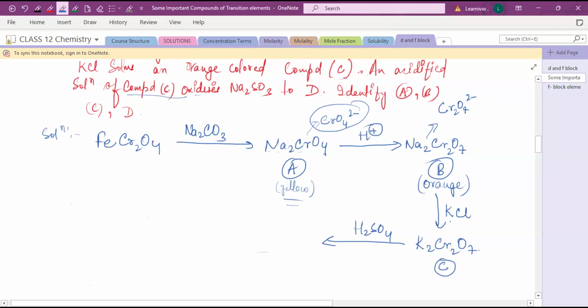It will oxidize this Na2SO3 to D. Who will tell me what D will be over here?